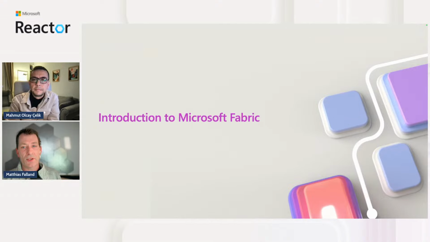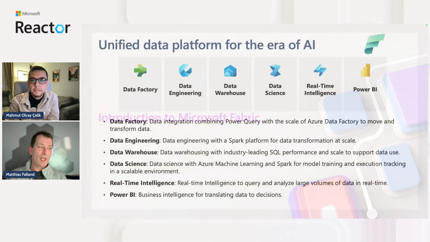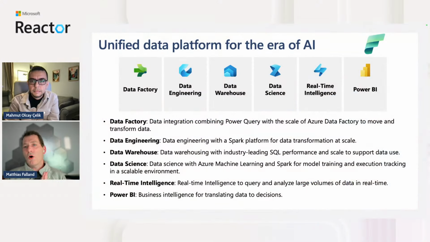We are talking today about Microsoft Fabric. Microsoft Fabric is like the unified data platform for the era of AI. It's spanning everything from getting data, over transforming data, to getting knowledge out of data like AI, and bringing data to life in Power BI.